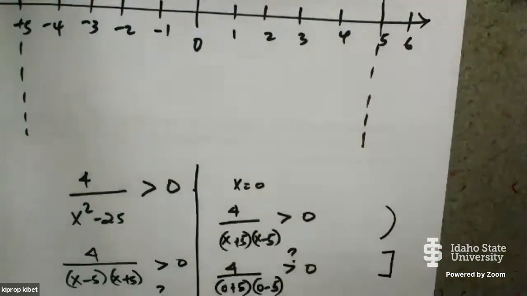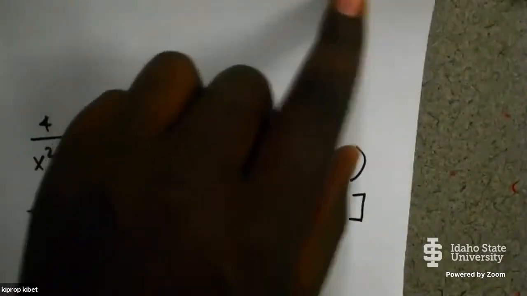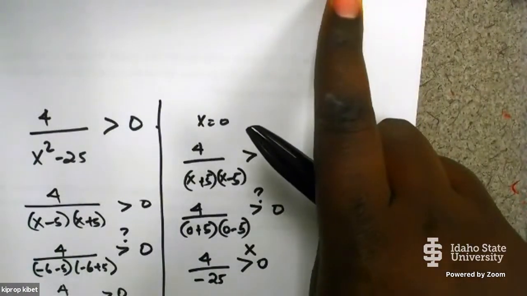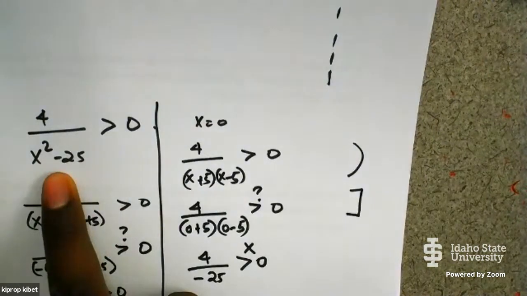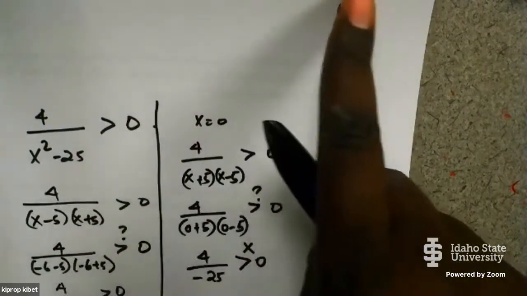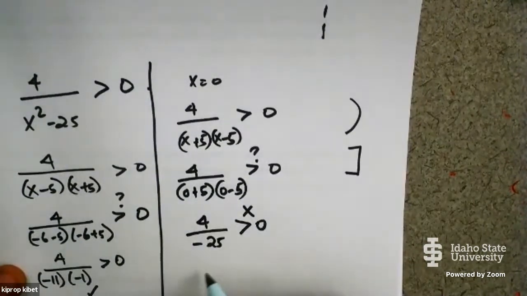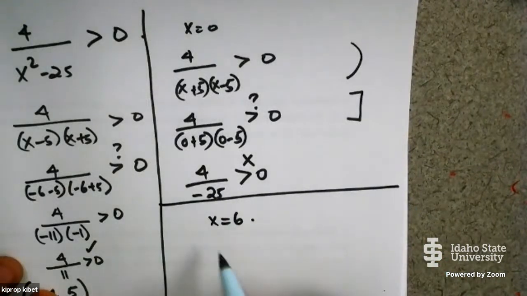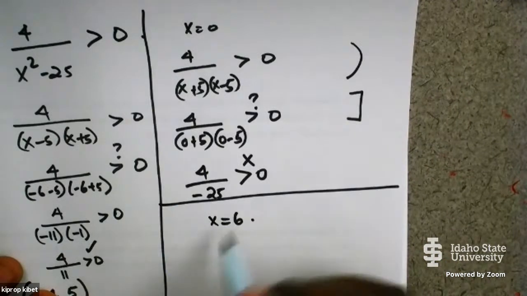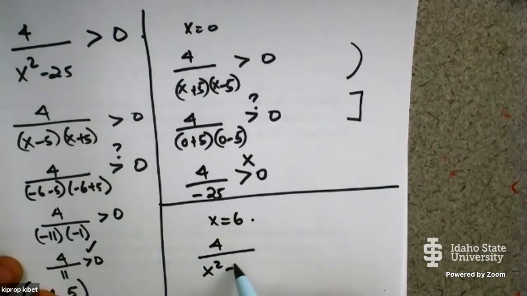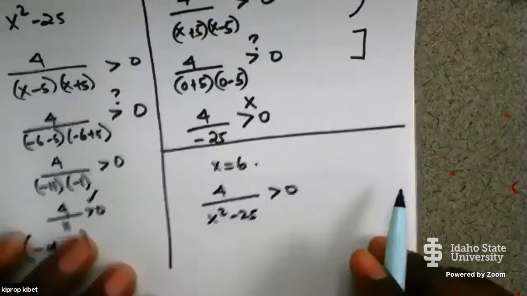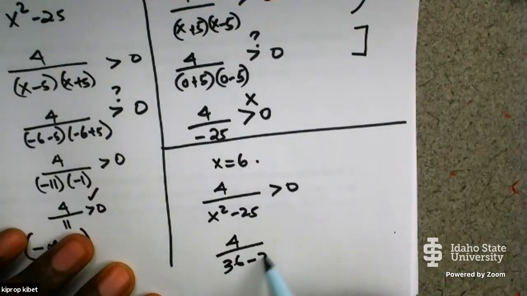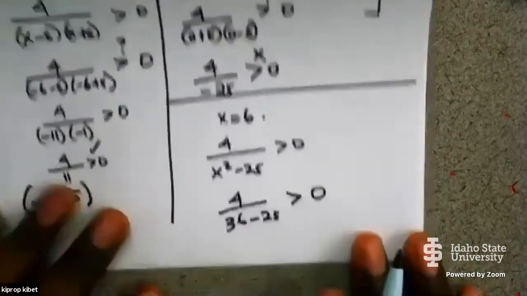Now let's go to the next level, which is above 5. We are not including 5, because if we put 5 here it will be undefined. So we can take 6. When x equals 6, we use 4 all over x squared minus 25 greater than 0, so 4 over 36 minus 25.